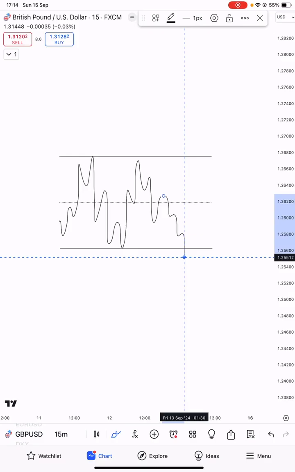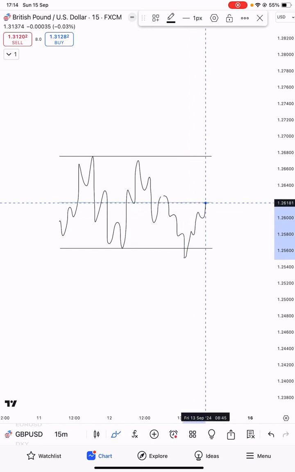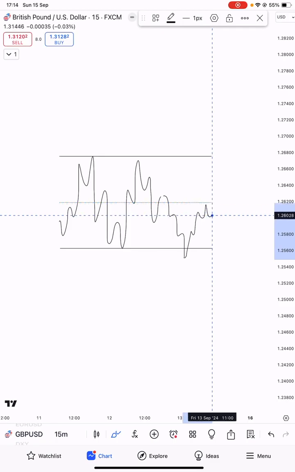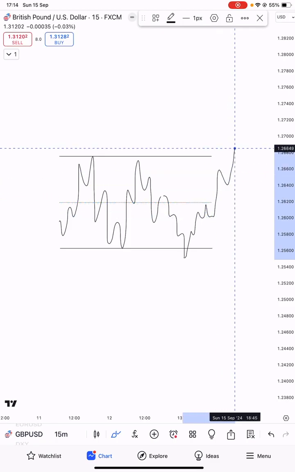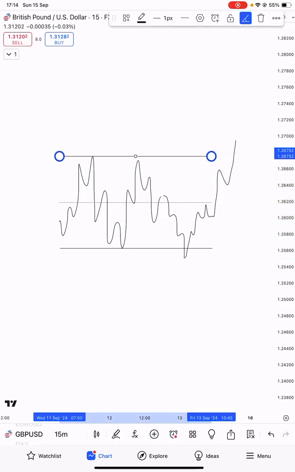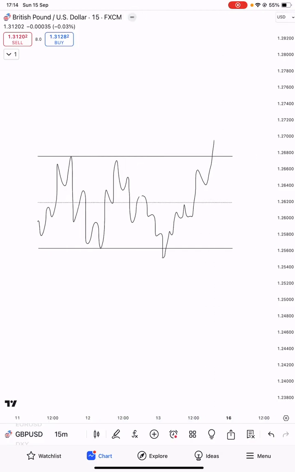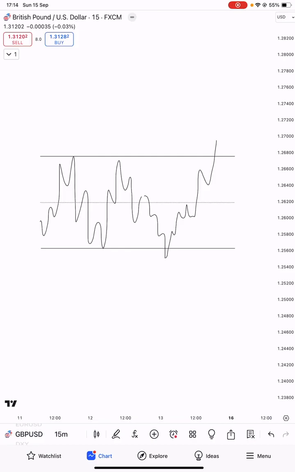You wait for a change in state of delivery, or you go for the blind entry. Either way, you buy the range low, take a partial at the 50% of the range, usually witnessing a retracement, and then you take price to the other end of the range. Easy. So that's the main entry of this model.